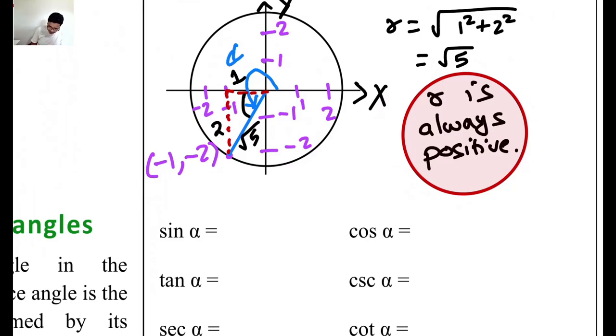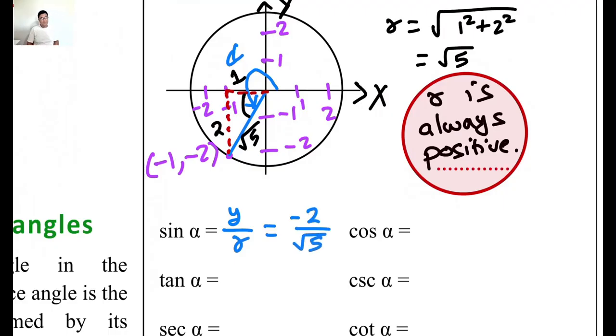So sine alpha is y coordinate by radius. Opposite will be y coordinate, hypotenuse will be radius, by the way. In the unit circle, it is just y. In a general circle, it will be y divided by r. In this case, the y coordinate is negative 2.